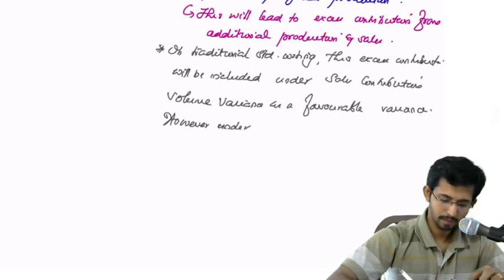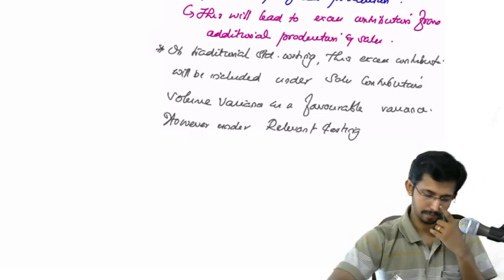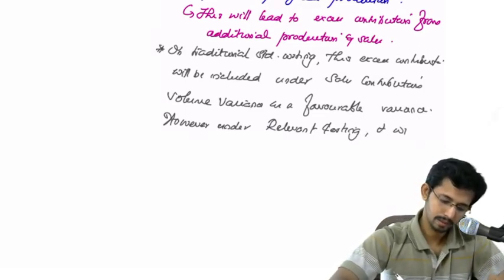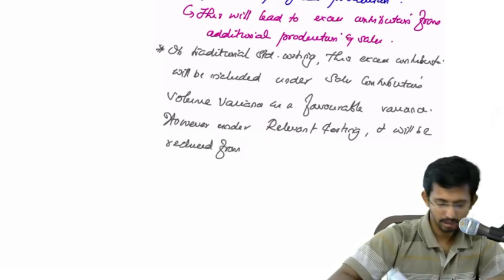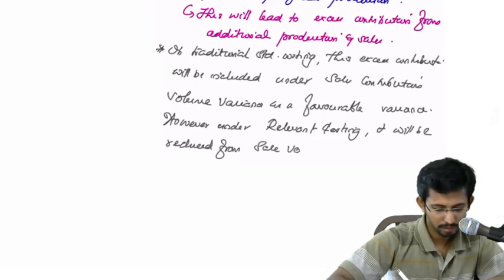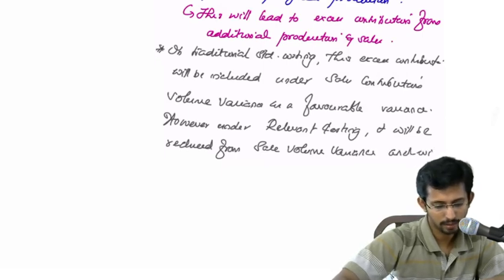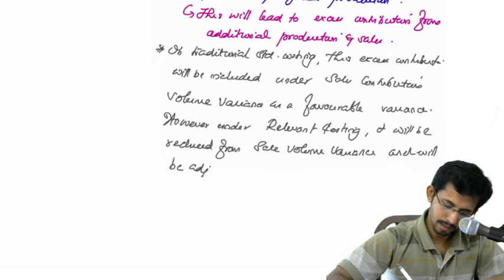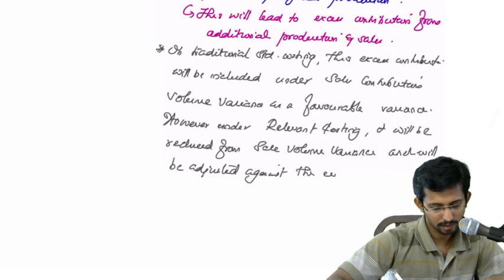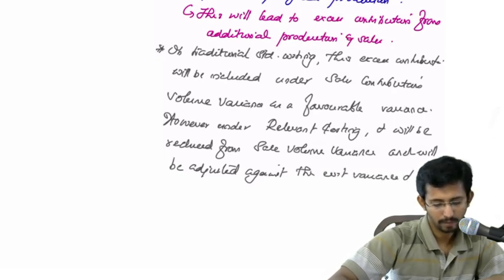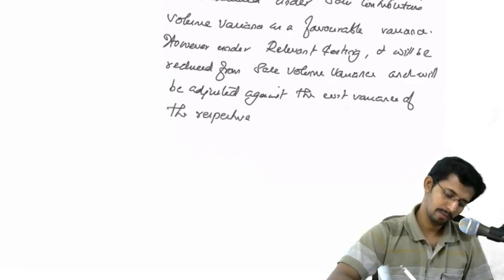However, under relevant costing, it will be reduced from sales volume variance and will be adjusted against the cost variance of the respective limiting factor.